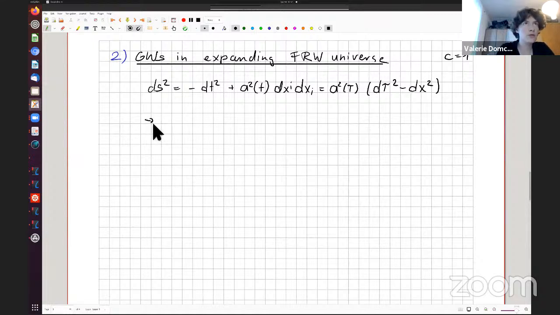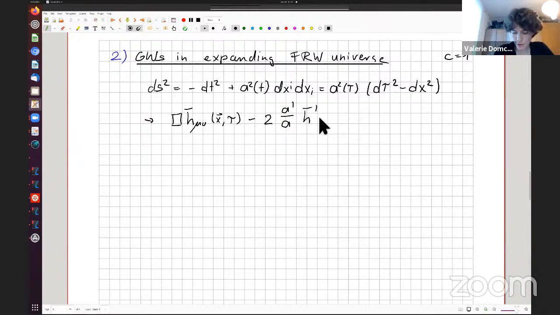If you do the same exercise again, you will get box h mu nu of x and tau minus, and this is the new term, 2a prime over a, h prime mu nu of x and tau, is minus 16 pi G T mu nu, where the prime denotes the derivative with respect to conformal time. Okay, so the new term is this guy.